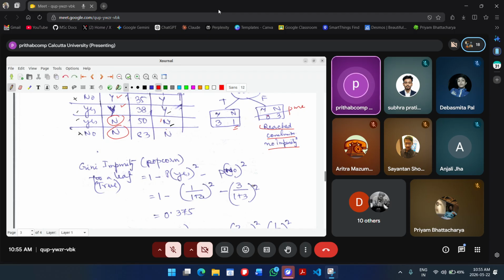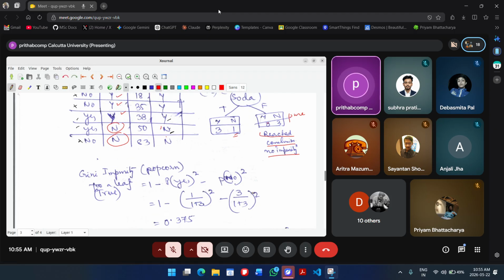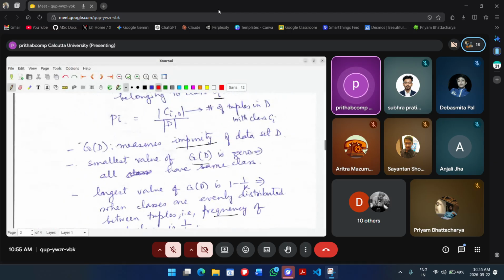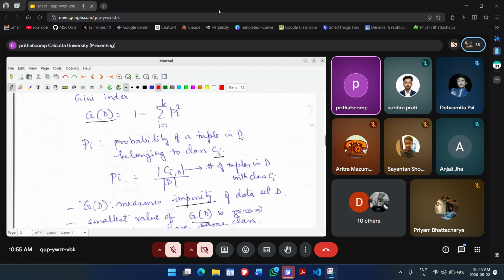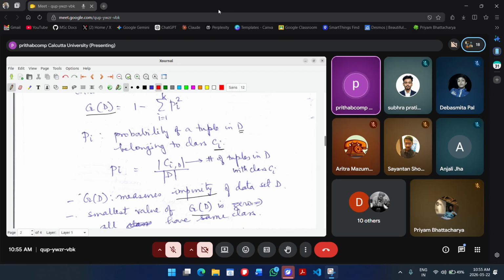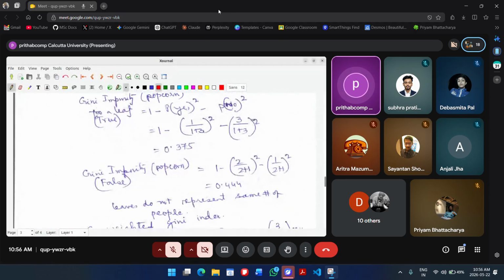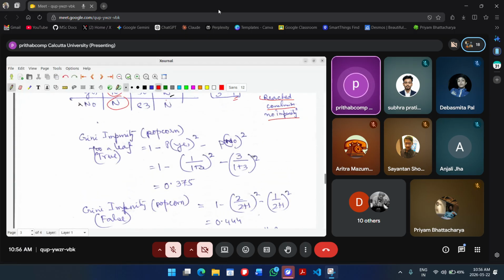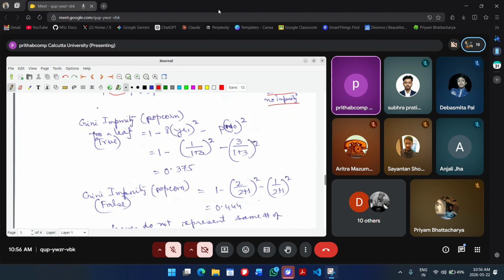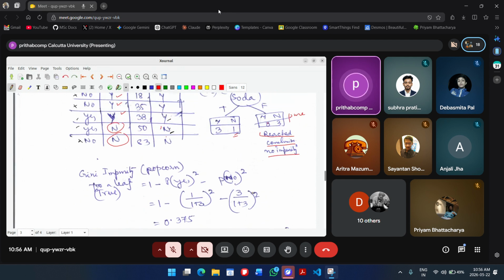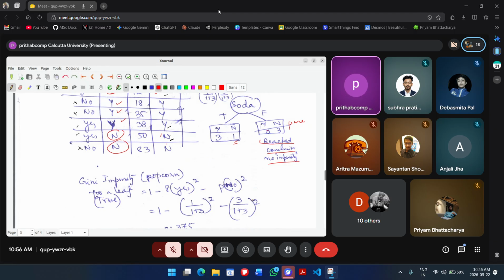Okay, so this is at the leaf level. So for this true part of it, what it is going to be, if you remember this previous formula, G of D is going to be 1 minus summation Pi square, for every class. So if you apply that, for this popcorn, it is 1 minus, then this part is in the summation after taking the bracket out, so that's why it has become minus.